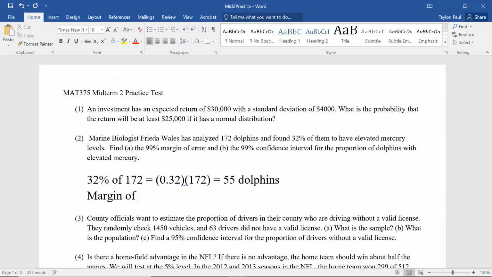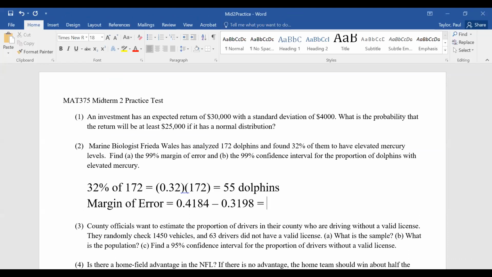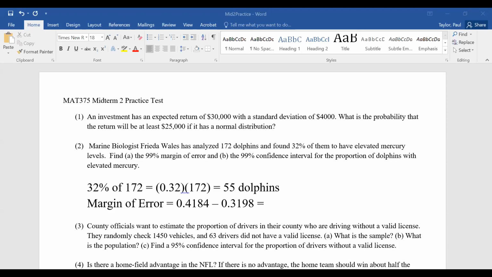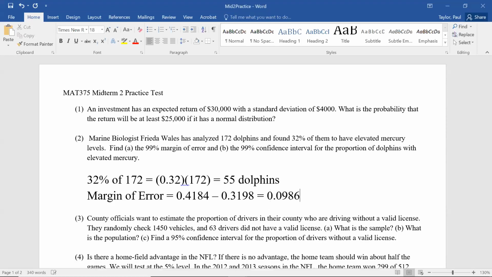We take 0.4184, which is the top end of our confidence interval, and subtract 0.3198, the middle of the confidence interval, the actual approximation we got from our sample. When we do that subtraction, we end up with 0.0986. So that's our margin of error.